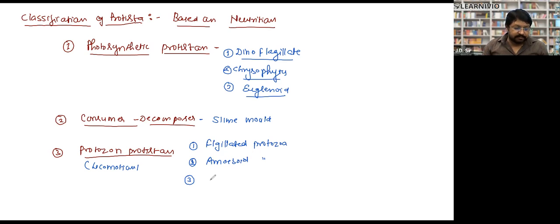Then come the sporozoans, protozoa which do not have any specific locomotory organ. The fourth and last are ciliated protozoa, like Paramecium. So this is the actual classification of Protista.